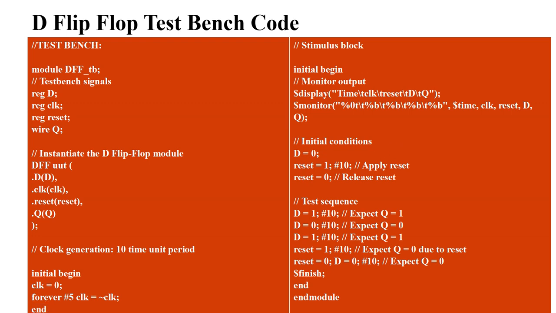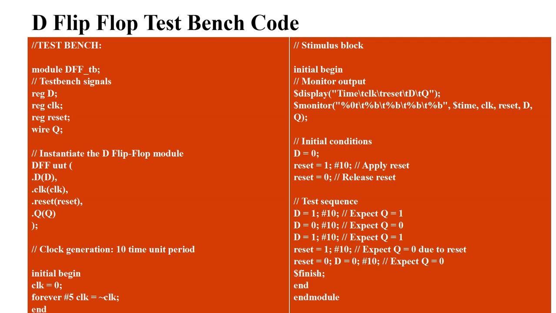D equal to 0, reset equal to 1. After 10 time units, reset equal to 0. These are test sequences. D equal to 1, after 10 time units D equal to 0. So here we are expecting Q equal to 1, Q equal to 0, Q equal to 1. A reset. Finish and end module.